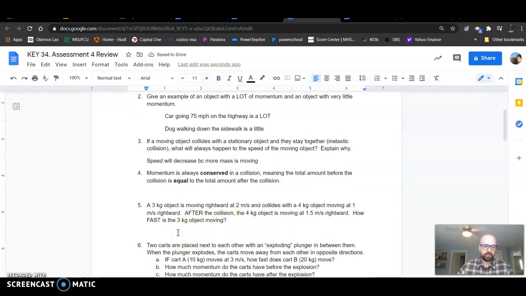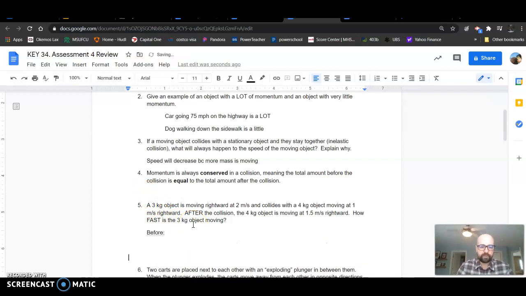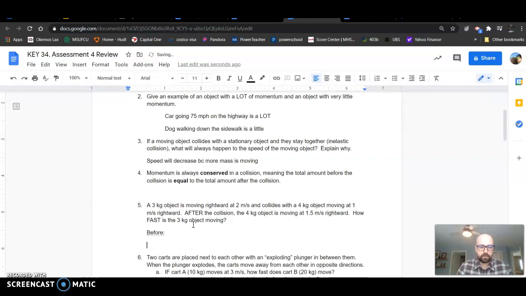Now here, some kids look like maybe they guessed on this or didn't do the math related to it. So you've got to look at this as a before and after. I don't know any other way that you would solve this one. So before I got the 3 kilogram object moving rightward at 2 meters per second. So that's 6 units of momentum. And the other object is 4 kilograms moving at 1 meter per second rightward.